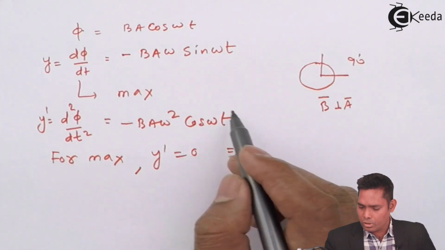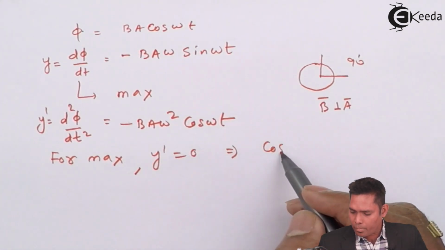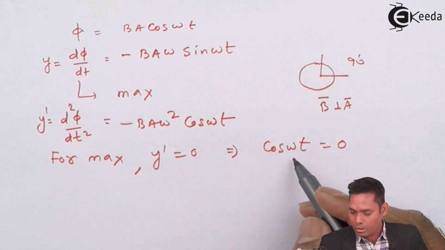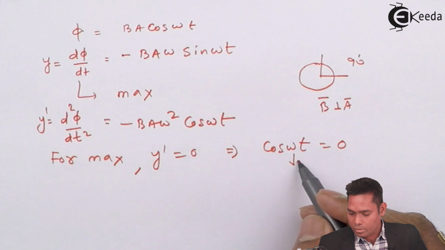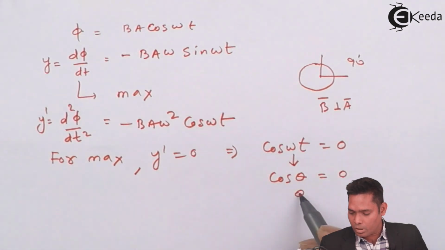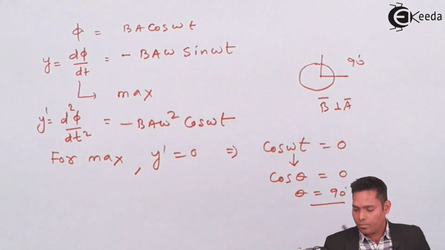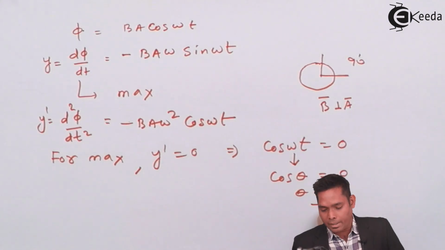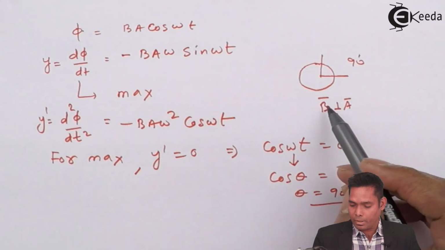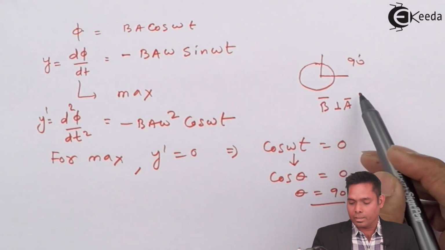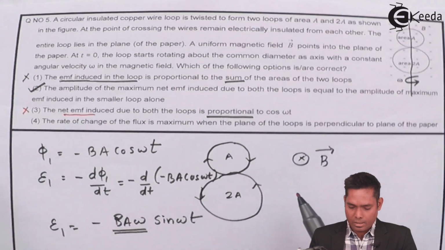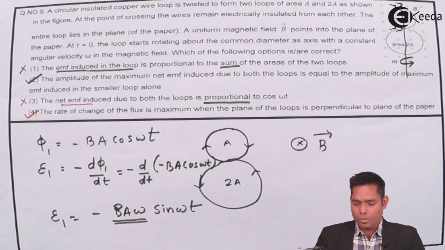Omega t is theta, so cos theta should be 0, so theta should be 90 degrees. If theta is 90 degrees, cos 90 is 0, so the angle between the B vector and the A vector should be 90 degrees. Therefore the fourth option is correct.